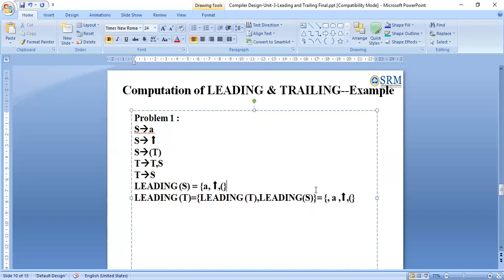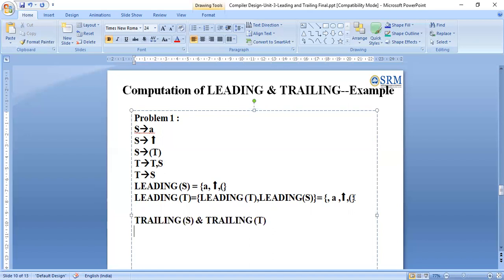Now the next step is we have to find trailing of s and trailing of t. Apply rule 1.